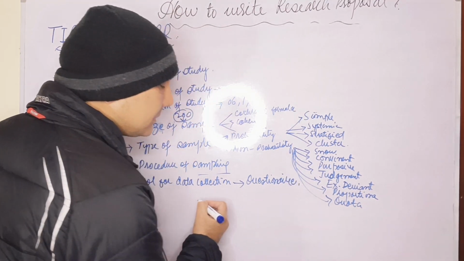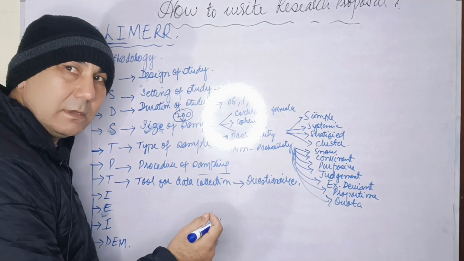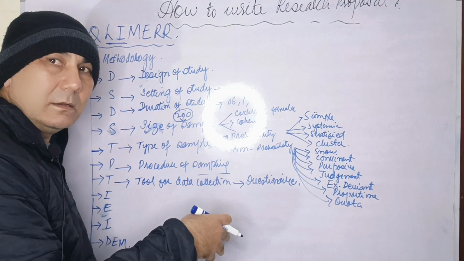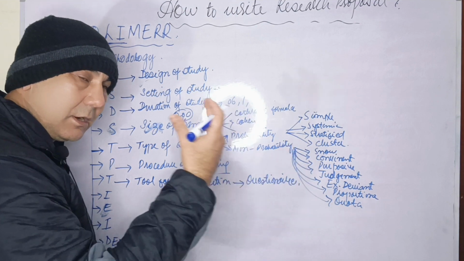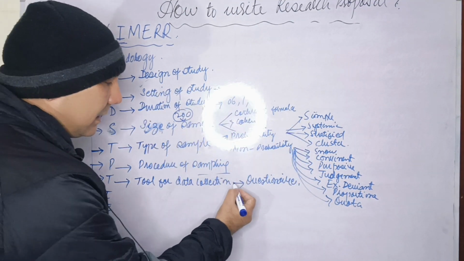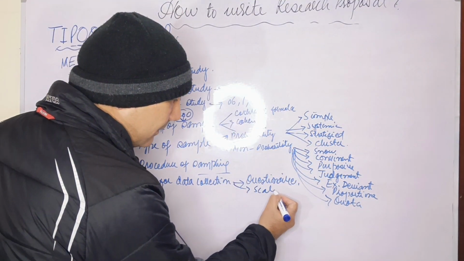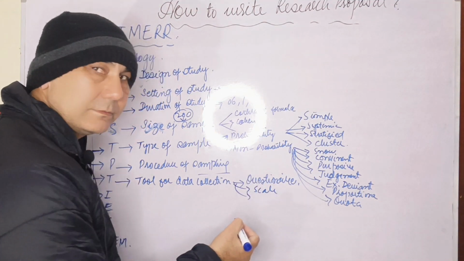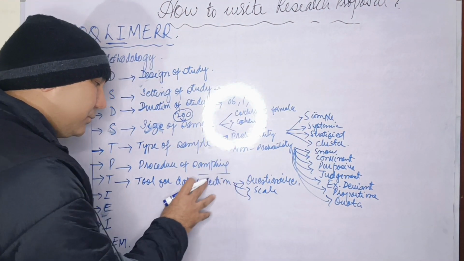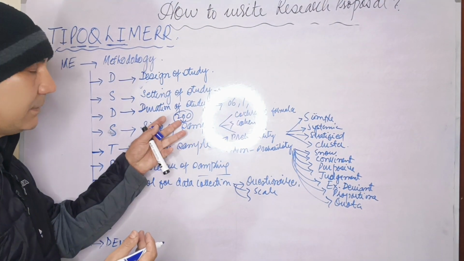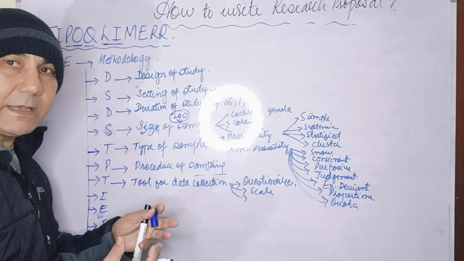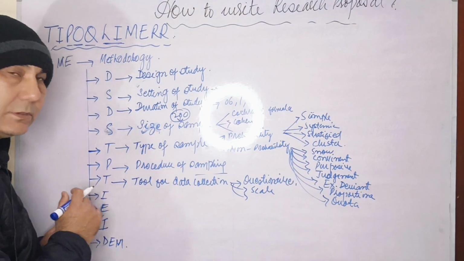These questionnaire tools may be adopted from international agencies, from local agencies, or you can adopt the tool from another person or scale. Whatever tool you use to collect the data from the 200 sample size, this is called the tool.